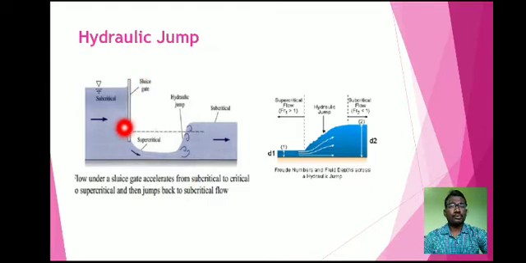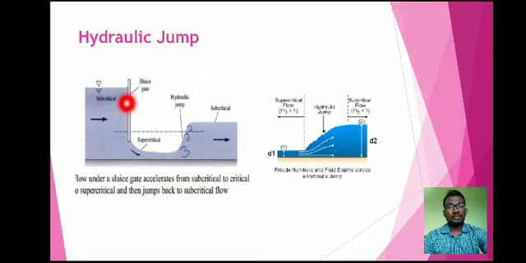When opening the sluice gate, the water flows under the bottom of the sluice gate. This is the subcritical flow when the water is stable, or before releasing the sluice gate.